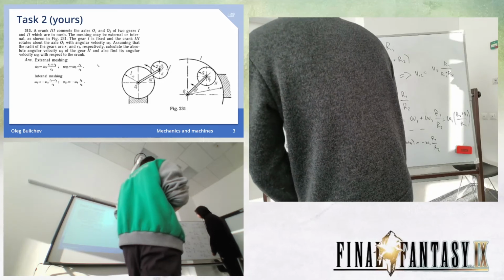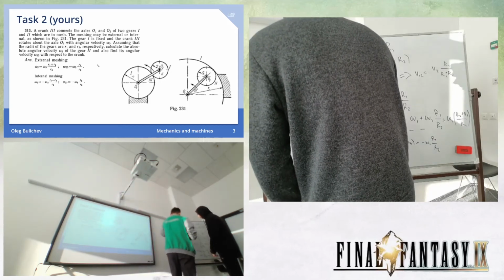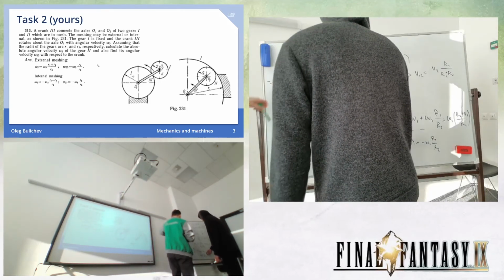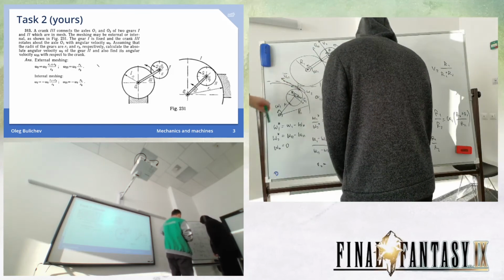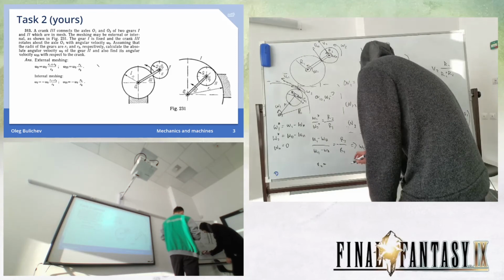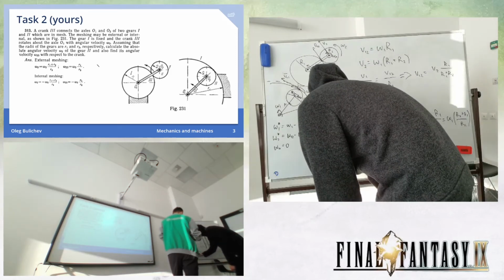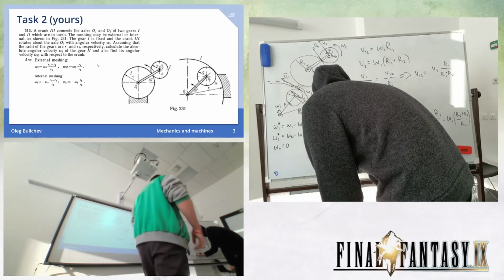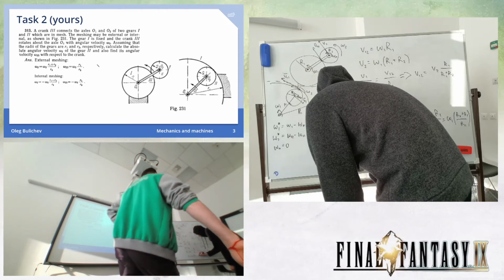So again, omega 1 divided by, I mean, in this relation. In the end, you should have only omegas and R's in the answer.